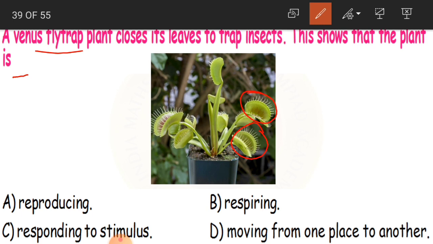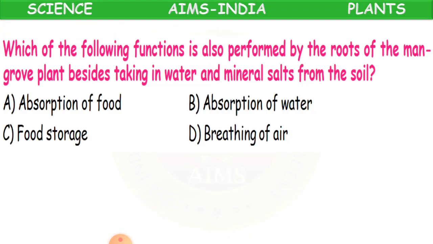This shows that the plant is reproducing, respiring, responding to stimulus or moving from one place to another place. It is responding to stimulus, C option. So as an insect just falls on the leaves, automatically the leaves are going to be closed. So this is responding to stimulus.